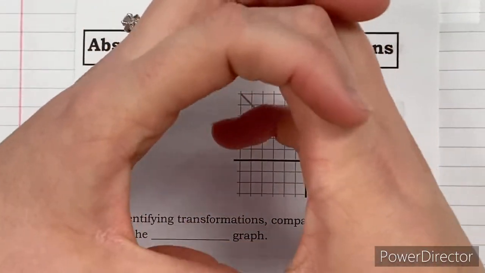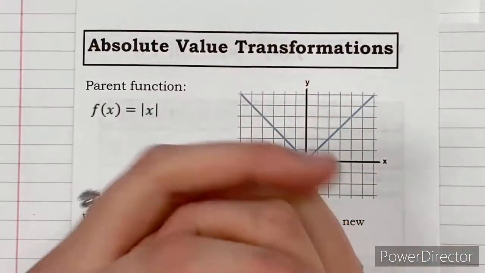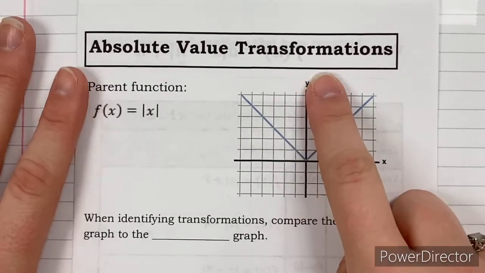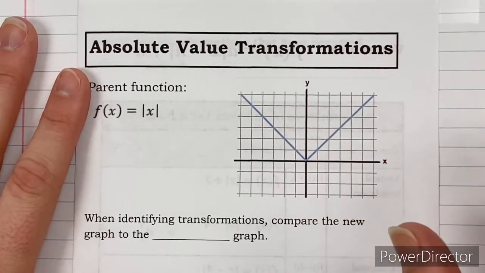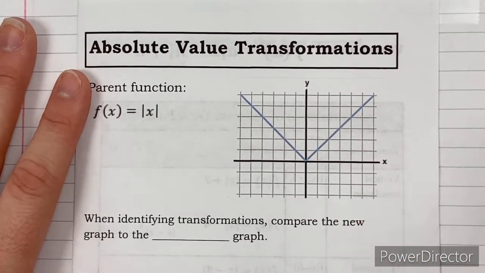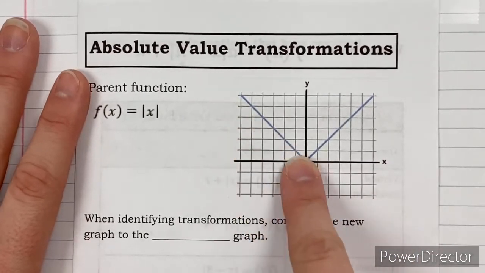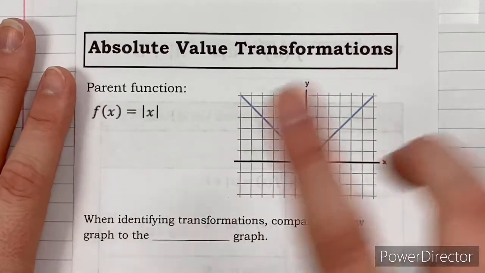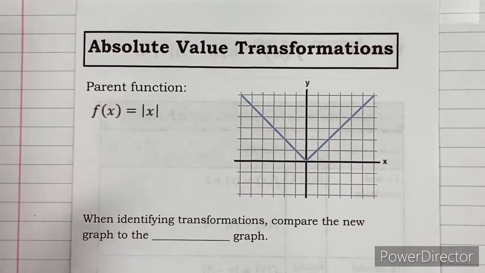So for example, you would take this circle and shift it around on the graph, and you would call that a slide. Now what we're doing, transformations, we're still doing the same kind of transformations as far as the slide and flip go, but instead of moving a shape, we're actually moving this absolute value graph. So this V, we're gonna take it and move it around on the graph. So with that being said, that's how it ties back into what you learned in middle school.